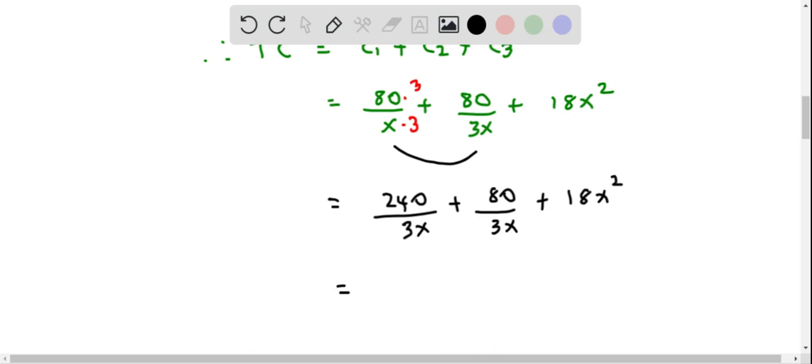So this gives 240 plus 80 is 320 over 3x plus 18x squared. This is the expression for the total cost of the material required to construct the box.